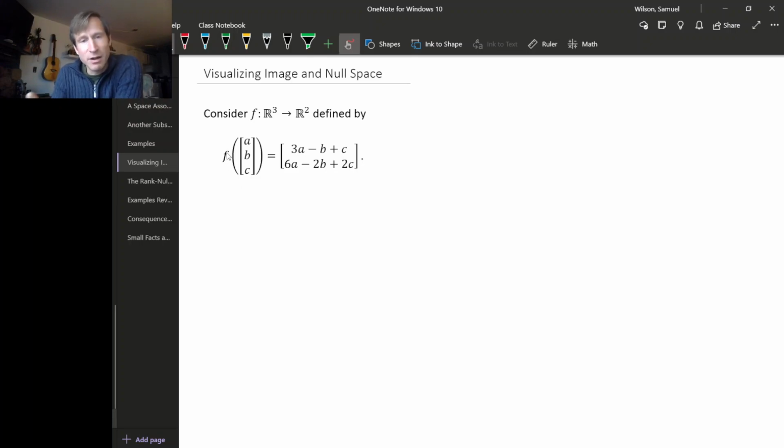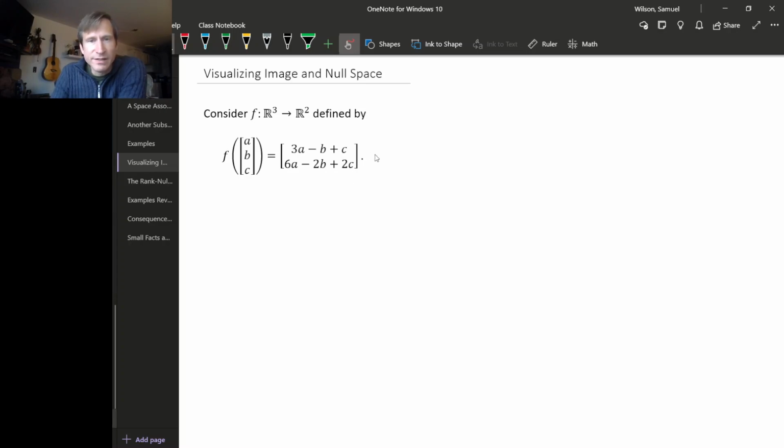It is linear. I won't prove that it's linear, but it is. So to think about its image and its rank, let's write all of the actual outputs that it produces as a span of linearly independent vectors, so that we know what the rank of this linear map is.